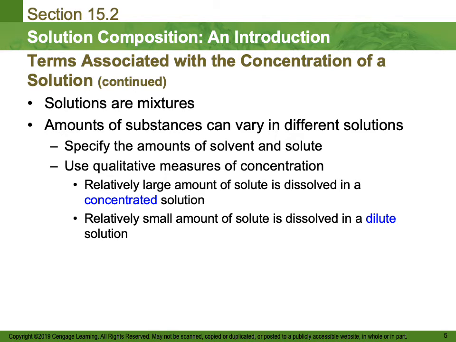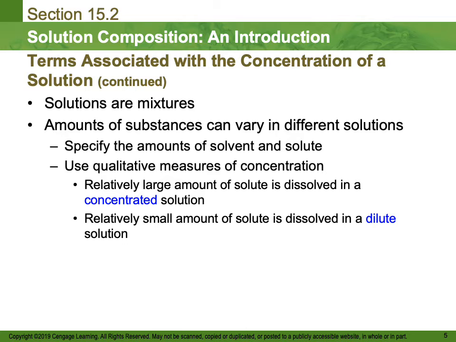So we can describe solution concentrations in general terms like dilute and concentrated. All solutions are mixtures. They are homogeneous mixtures, which means that we don't see the parts. And if there is a large amount of solute dissolved, we can call that a concentrated solution. A smaller amount means that the solution is more dilute. Think about making a powdered drink.